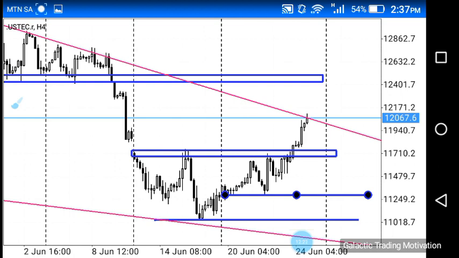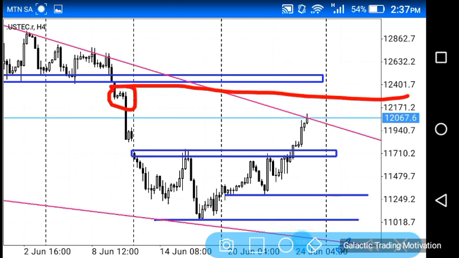We have this area over here, which is a resistance area. However, it is not that significant, so I think for now we can just ignore it.